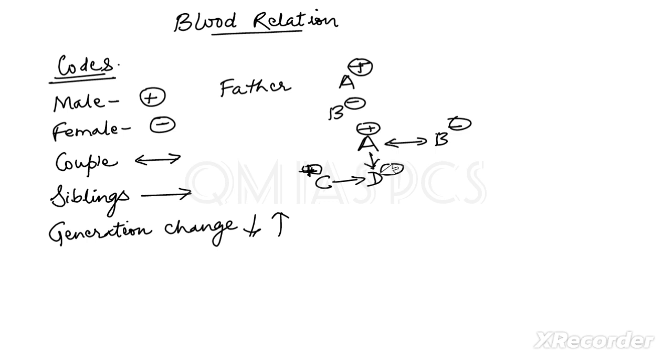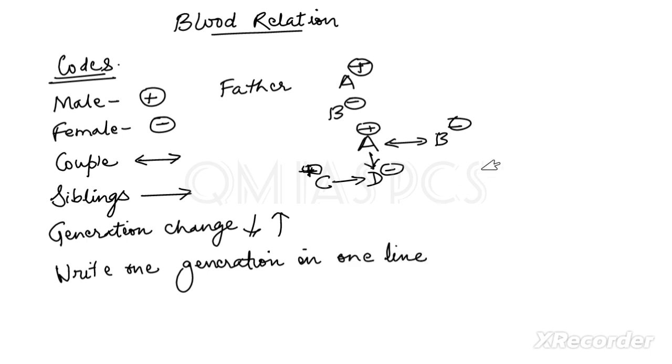Okay, generation change. And one more important thing is we have to write one generation in one line. Okay, for example, here we have written the couple in one line, like mother and father is one generation, so we have written in one line.